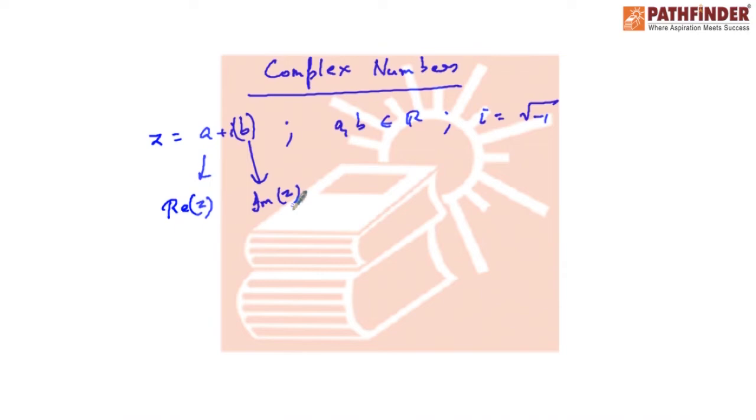Therefore, if the real part of z is equal to 0, then a complex number can be called purely imaginary. If the imaginary part of z is equal to 0, then the complex number is said to be purely real, and if the imaginary part of z is non-zero, then the complex number is also called an imaginary number.